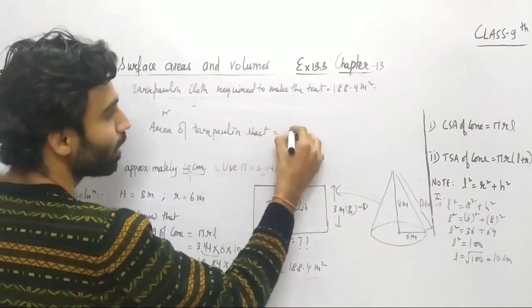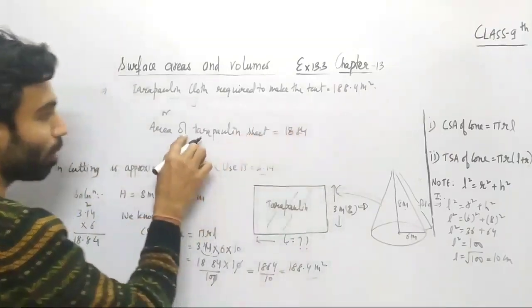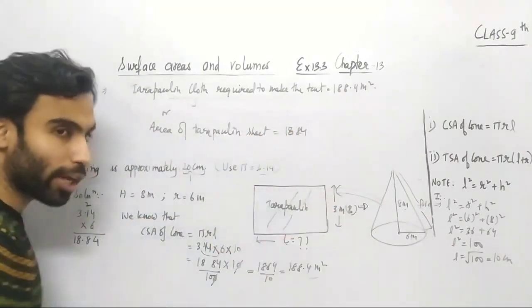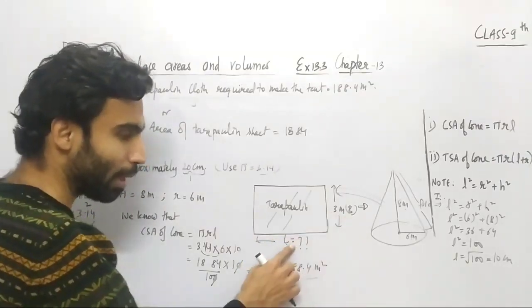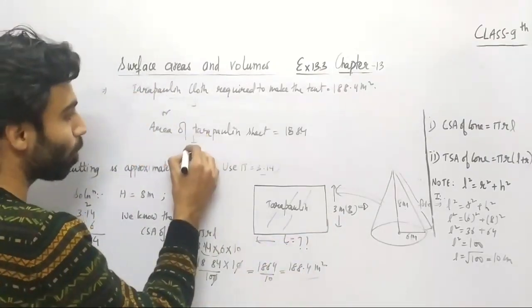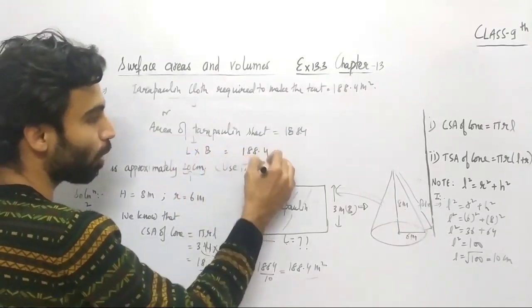So that is equal to 188.4, right. So अब area of ये rectangular जो terraplane cloth की sheet है इसका क्या होगा, length into breadth. So यहाँ पे हमें breadth given था, हमें length निकालनी थी. So पहले मैं एरिया का फॉर्मूला लिखता हूं, that is length into breadth, that is equal to 188.4.